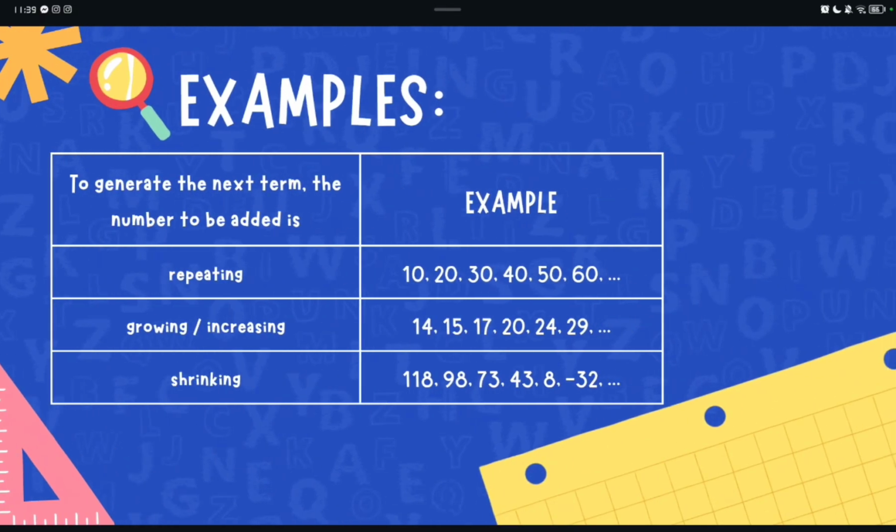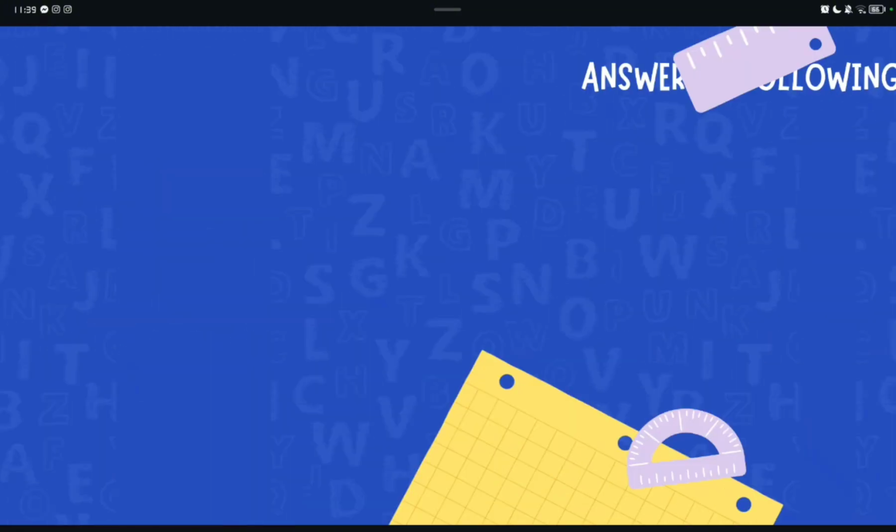The example here: to generate the next term, the number to be added should be repeating. Like for example, 10, 20, 30, 40, 50, 60. Growing or increasing: 14, 15, 17, 20, 24, 29. Or shrinking or decreasing: from 118 to 98 to 73 to 43 to 8 to negative 32.